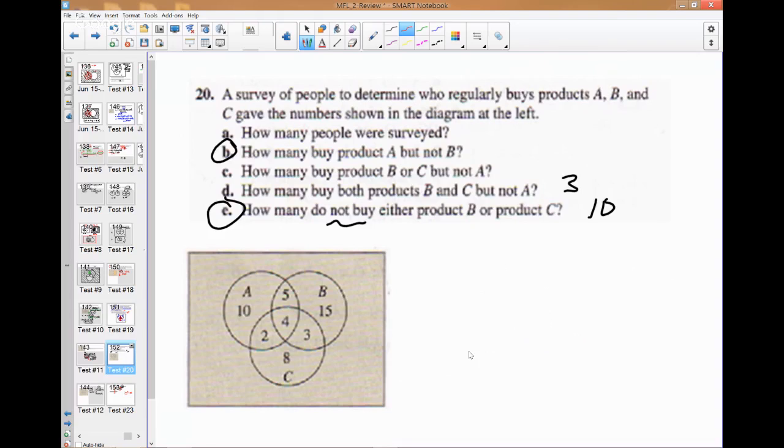How many people were surveyed? Well, I don't have it, so we're just going to have to add them all up, right? So what do we have? 15, 30, 36, 39, 47?